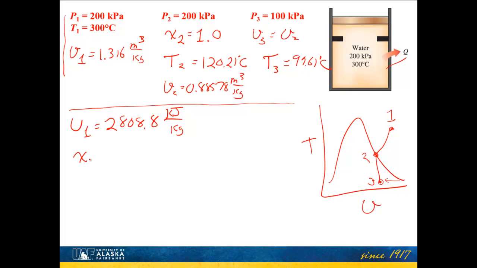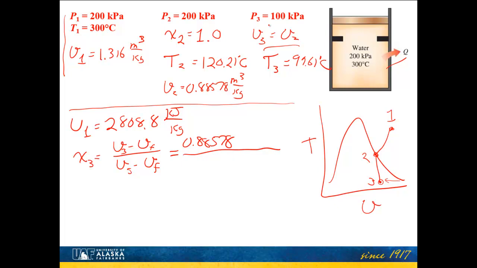So I need to determine what is X3, and X3 is going to be V minus VF over VG minus VF. I'm going to do all of that at point 3, so this is actually V3. And what is V3? Well, V3 was equal to V2. V2 was this value of 0.88578.